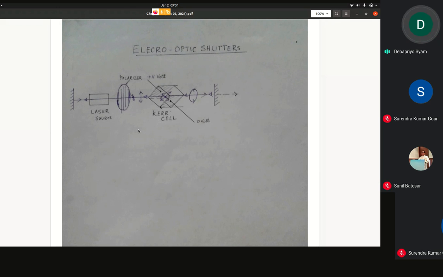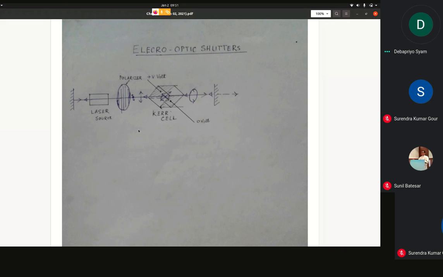So they gradually develop a phase difference between themselves. And when this radiation comes out of the other face of the crystal on the right hand side, a phase difference is produced between these two components, which depends on the length of the cell along the Z direction, that is the direction of propagation. The more the length, the more the phase difference will be.